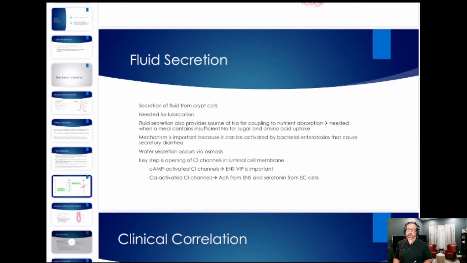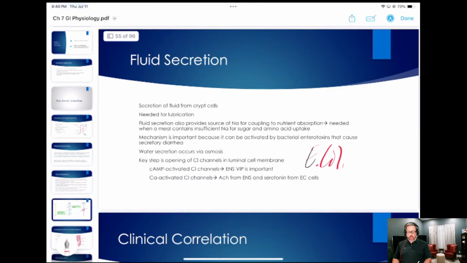It's not going to be mentioned in your exam. This has to do a lot with E. coli, other enterotoxins, travelers' diarrhea, when you go to different countries and eat their food, you're not used to the flora that's there, and it causes GI upset. That's usually what's going on there. You're activating these chloride channels, which just dumps water continuously into the large intestine, and it comes out later in the small intestine too.